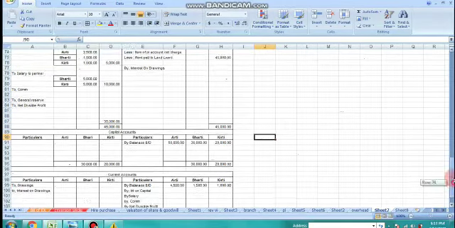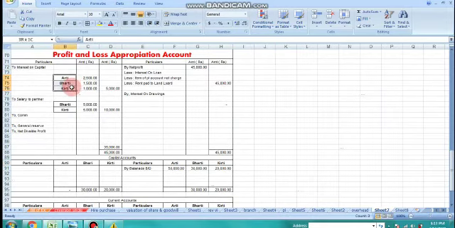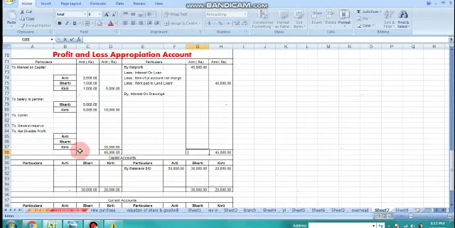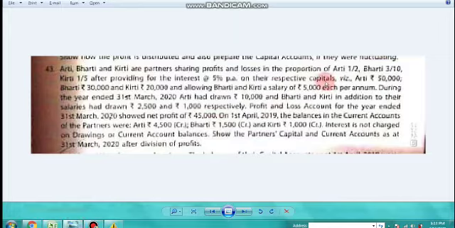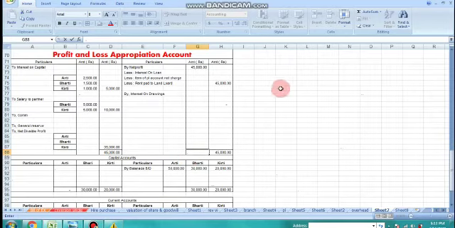So that 35,000 will be shared between Aarti, Bharti and Kirti in that manner. The ratio is half, 3/10 and 1/5. So I will calculate this ratio.